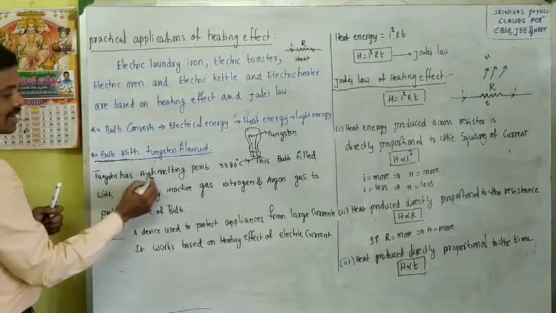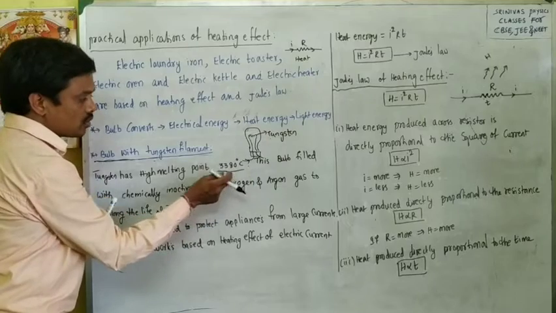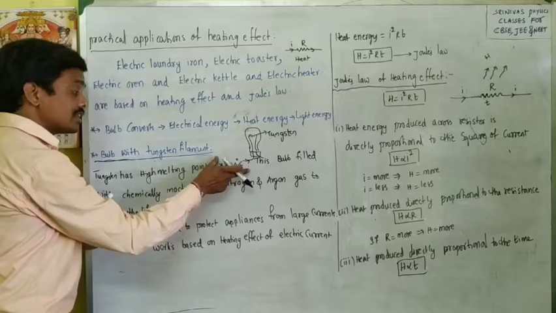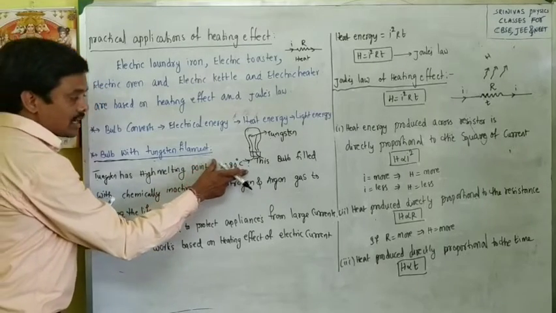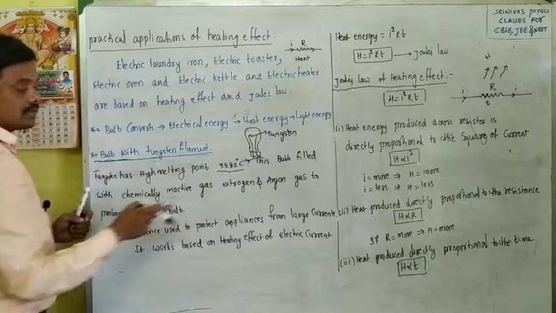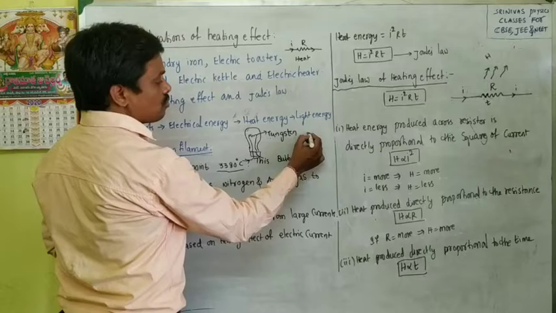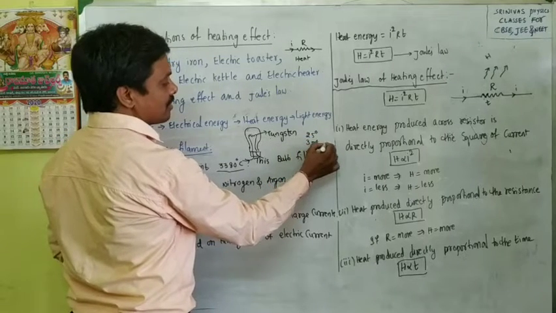This tungsten has a high melting point, meaning it can be heated to a large temperature. What is the temperature? 3380 degrees Celsius. Generally our room temperature is about 25 degrees Celsius. In summer it is 35 degrees Celsius, nearly 45 degrees Celsius.